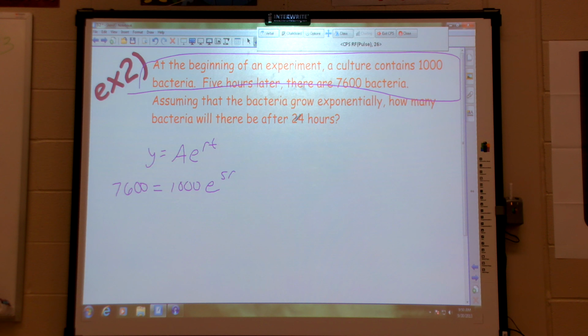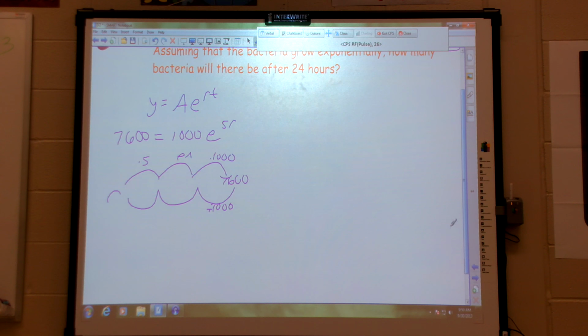I have to first find the rate, then I'll answer the question later. So error diagram it: times 5, e to the times 1,000, equals 7,600. Divide by 1,000. How do I undo e to the? Natural log, divided by 5.